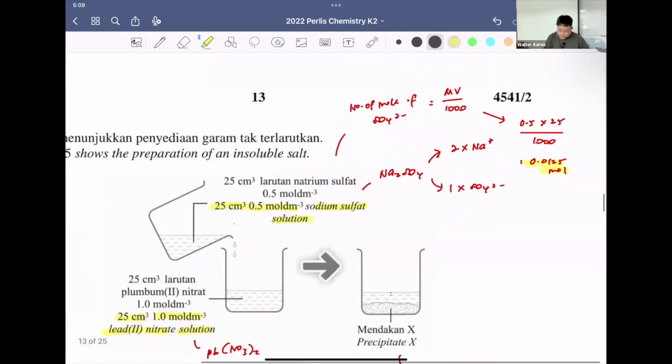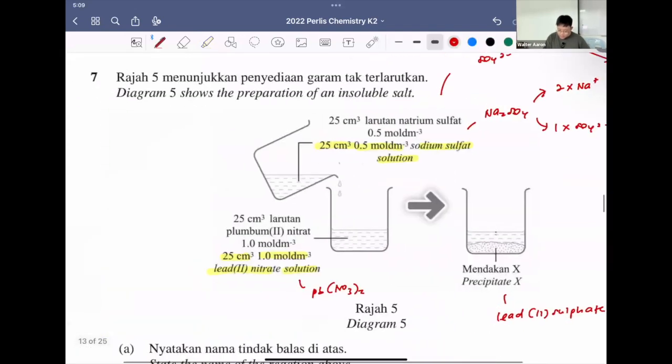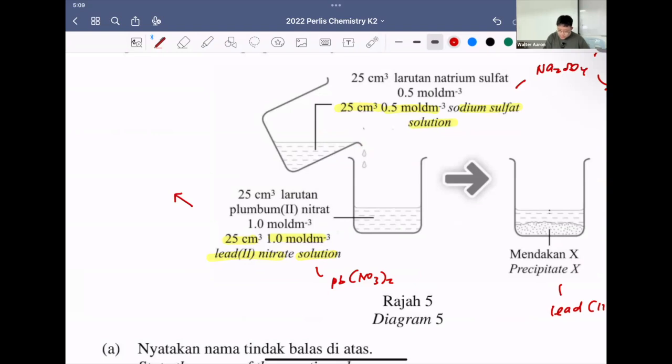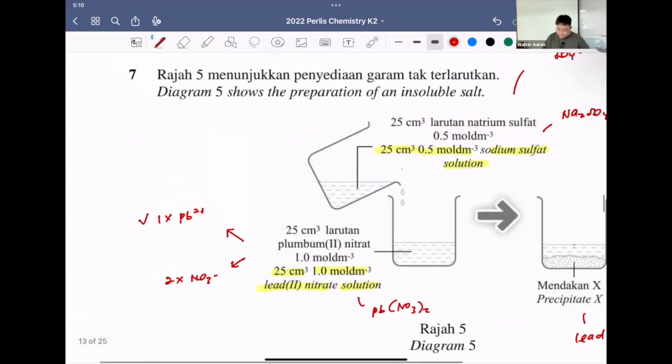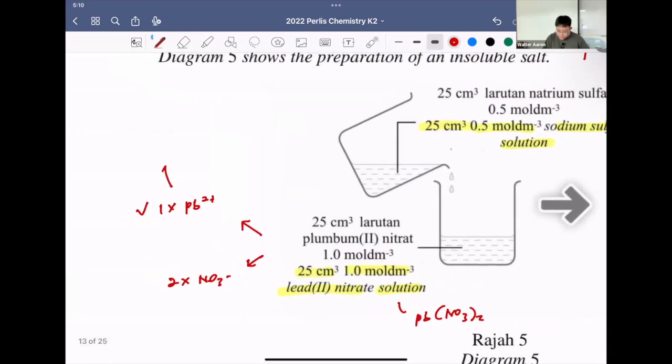And then for the lead-2 nitrate, lead-2 nitrate will give you 1 times lead ions, and then you'll also get 2 times nitrate ions. But we will focus more on the lead. For whatever you calculate here will be a 1-to-1 ratio.